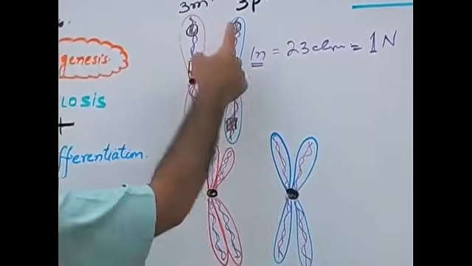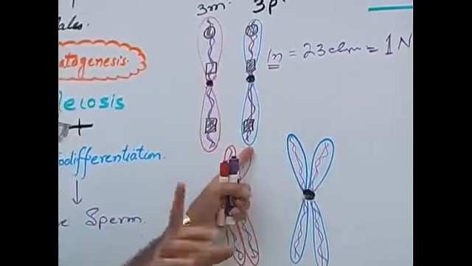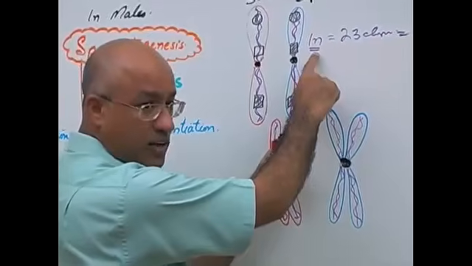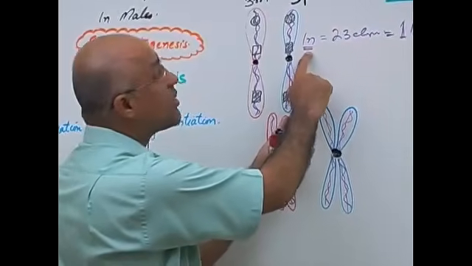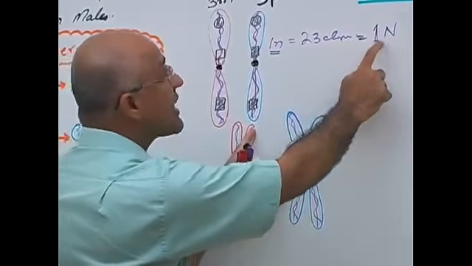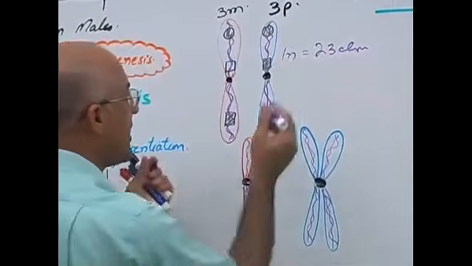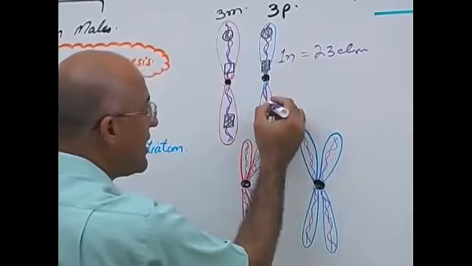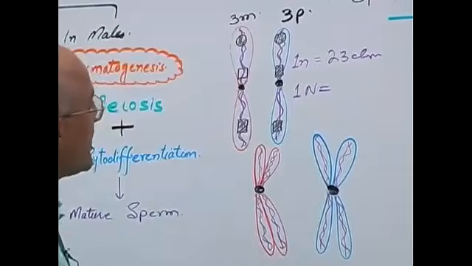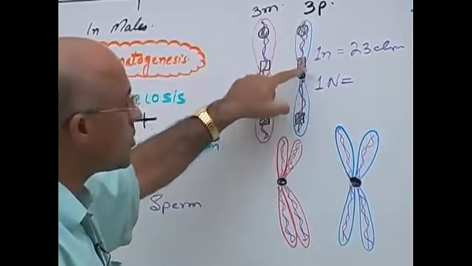Now, if there are 23 paternal chromosomes, single structured, what will we say? That there is 1n paternal chromosome, and 1n means 23 chromosomes. And I say 1 capital N also. This is not only 1 small n, it is 1 small n and it is 1 capital N. When I say 1 small n, it means there are 23 paternal chromosomes.